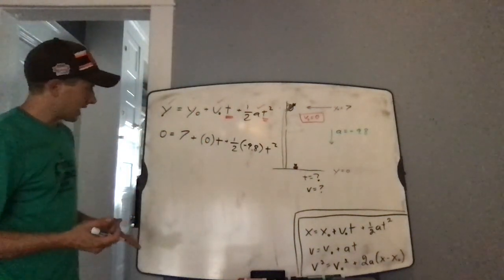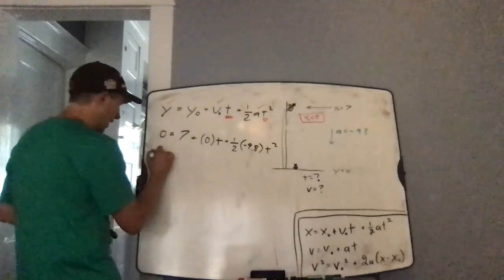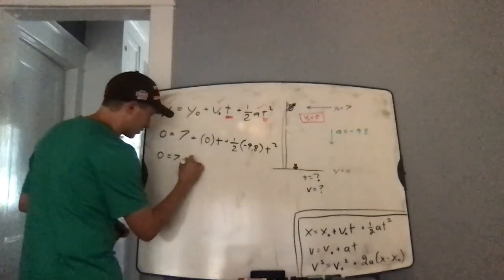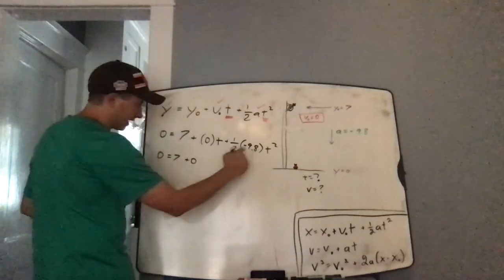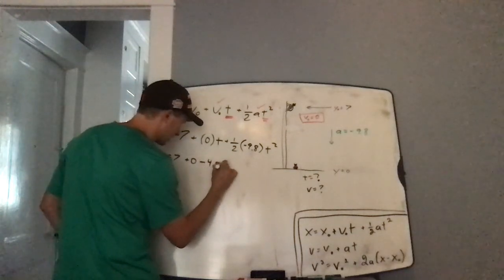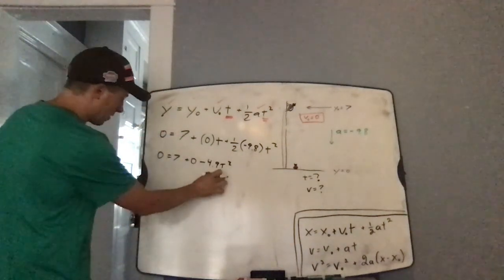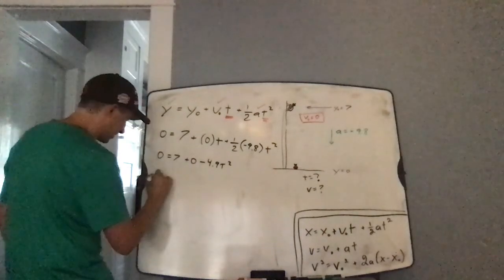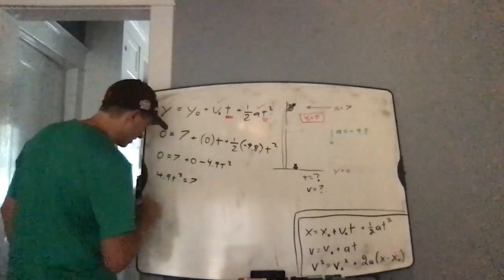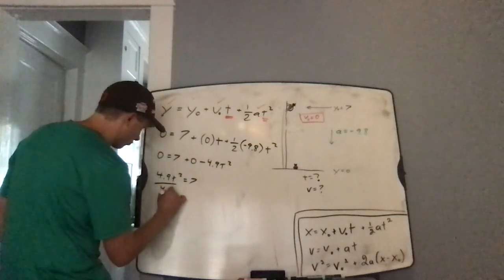Now at this point, I just have to solve the math. So I have 0 is equal to 7. 0 times t gives me 0. 9.8 times 1/2 is 4.9, so that will be minus 4.9 t squared. And now I can bring the 4.9 to the other side, so I get 4.9 t squared is equal to 7. Divide both sides by 4.9.